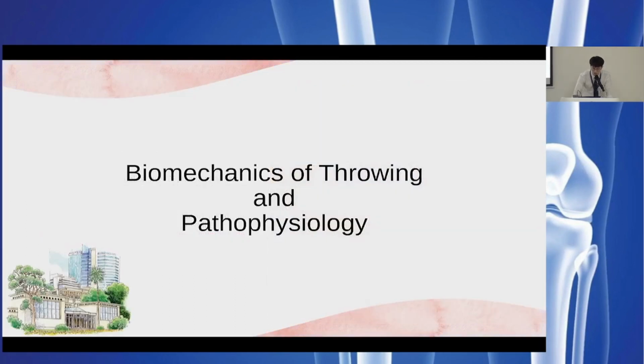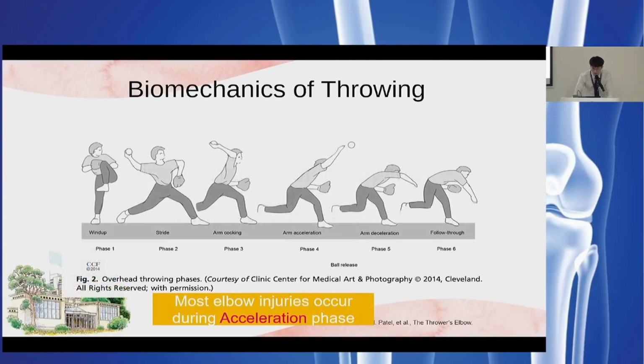About the biomechanics of throwing. The throwing motion is a kinetic chain of force from the lower extremity to the upper extremity. Two phases that affect the throwing elbow are the late cocking phase, which involves increasing elbow flexion between 90 and 120 degrees and forearm pronation to 90 degrees while maximizing shoulder abduction and external rotation, and the next is the acceleration phase.